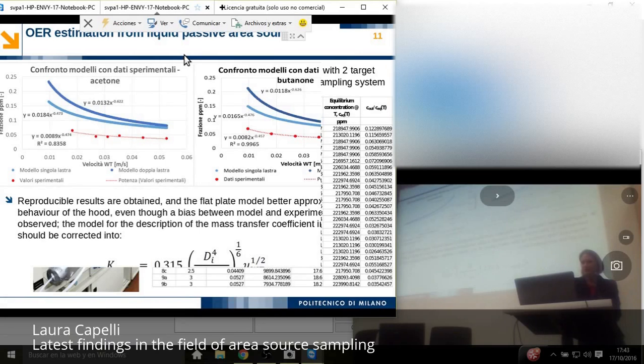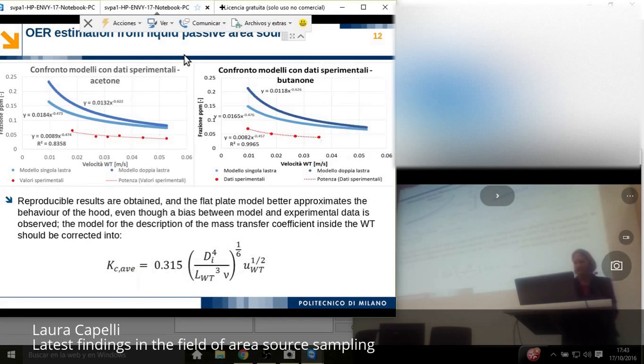But as you can see, the red dots of the experimental results are clearly biased with respect to the models. The trend is more similar to the trend that is foreseen by the flat plate model, so we decided that this better approximates our results.